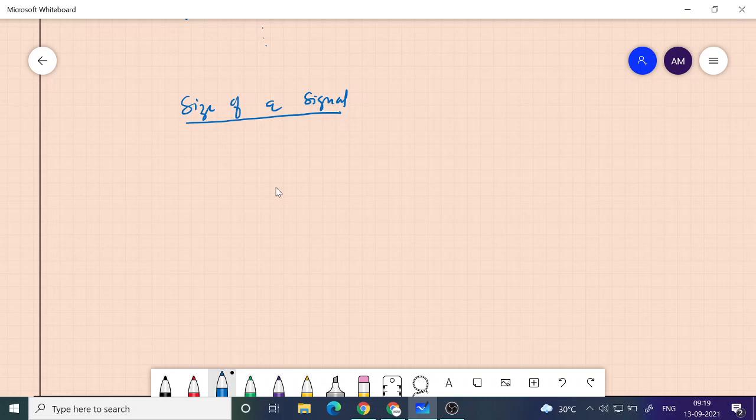Now there are different types of signal, and the size of the signal and the type of the signal are in a way linked. But let me define the size of a signal for a particular class of signal called energy signal.